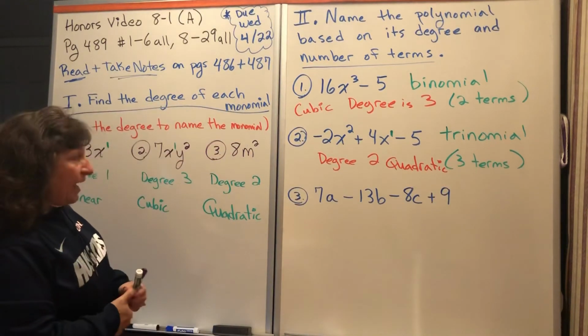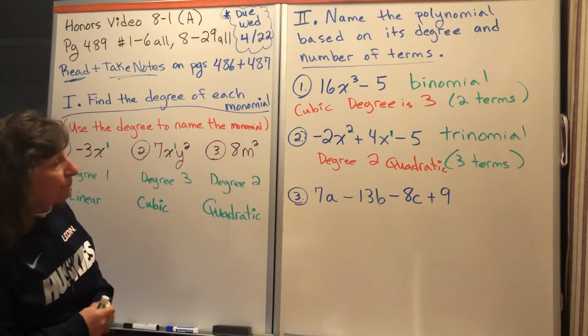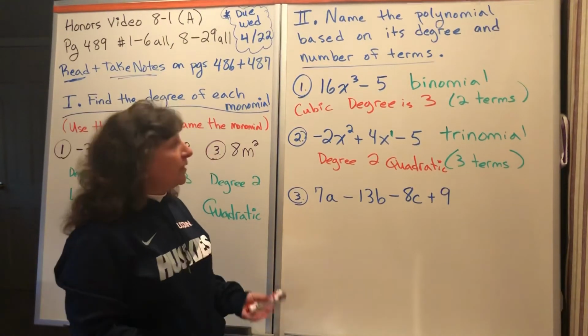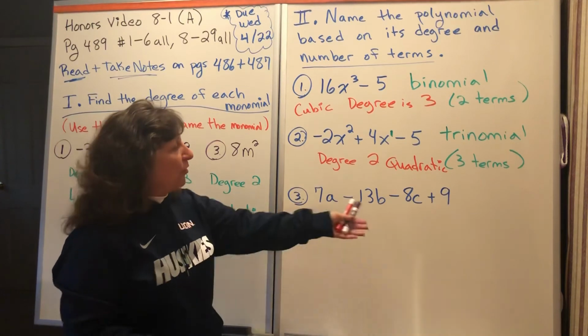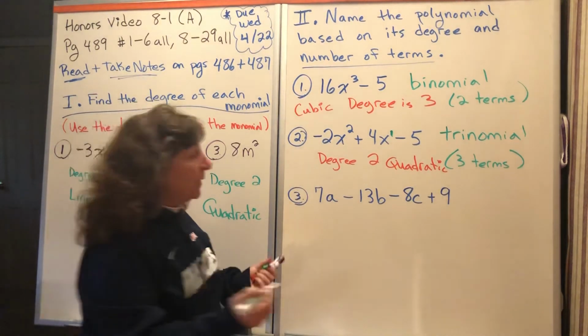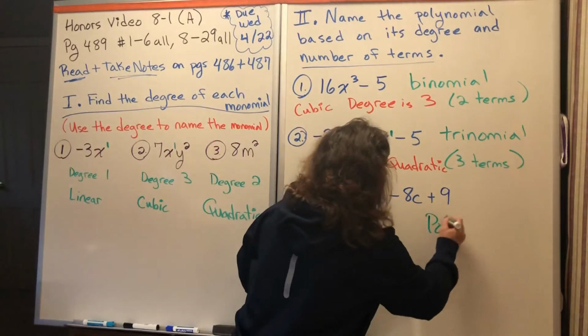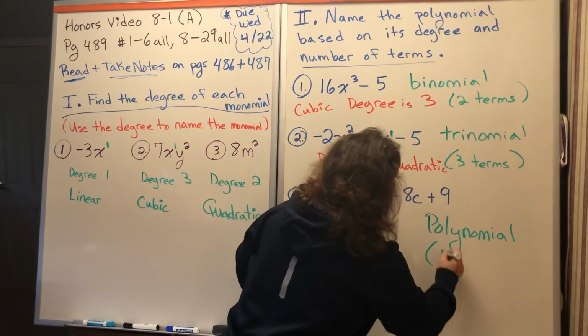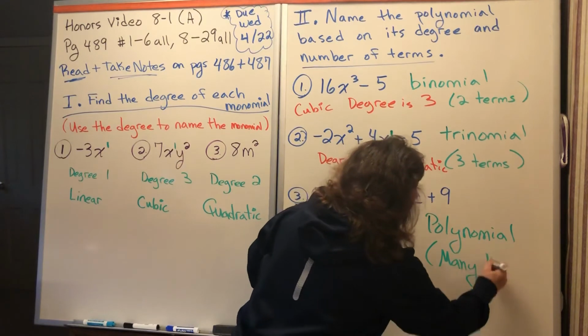And then looking at our third example here, I intentionally gave you an example that had more than 3 terms, so that you would call this a polynomial, many terms. So this is called a polynomial, and that means it has many terms.